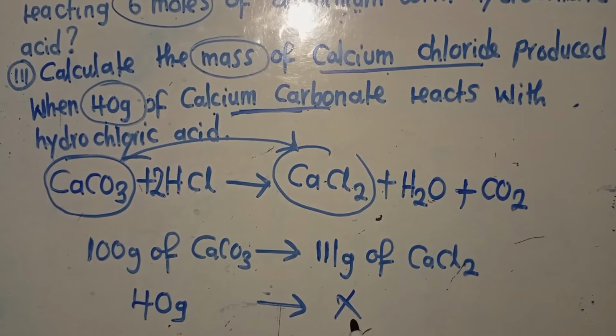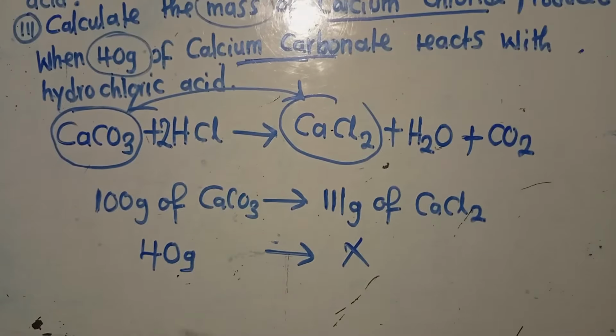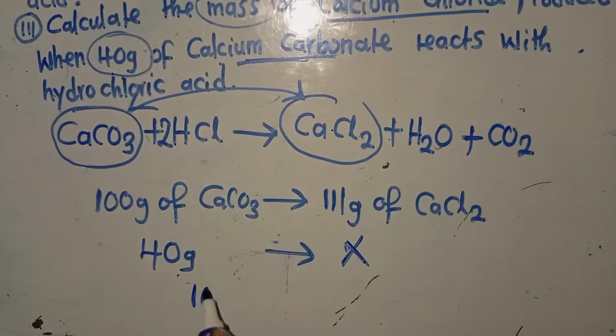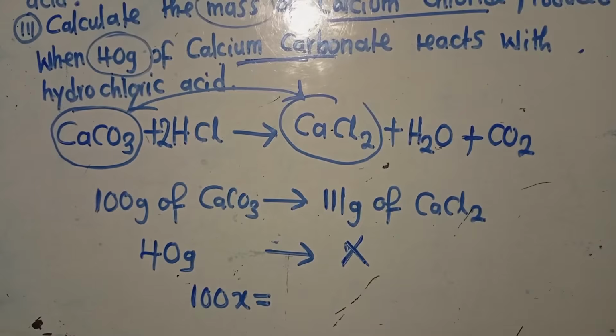I cross multiply. The focus should just be on the numbers. What is X times 100? I'm going to get 100X, which is equal to, there I multiply. So get your calculator, we multiply there. What is 40 times 111? The answer that I'm getting is 4440.